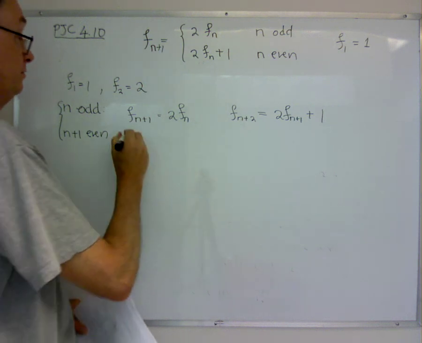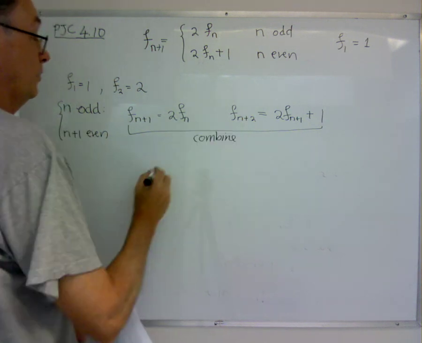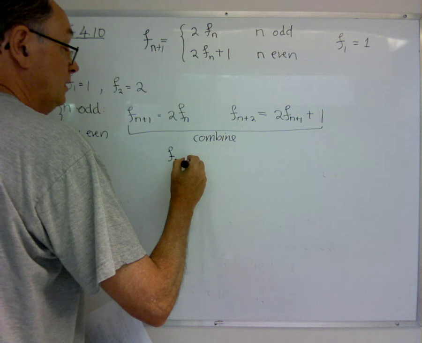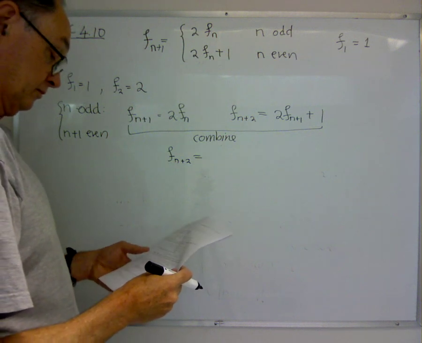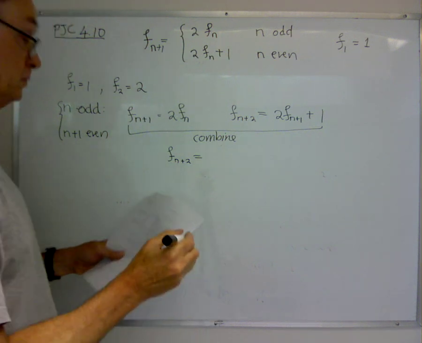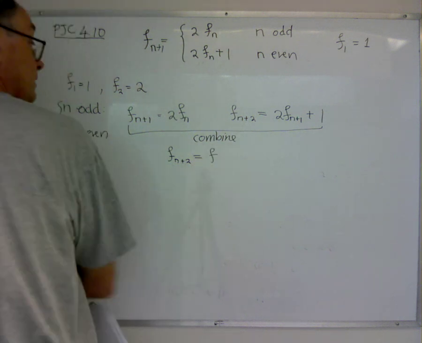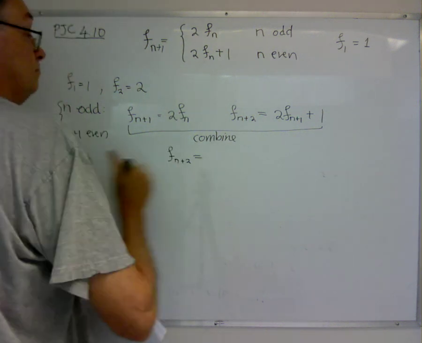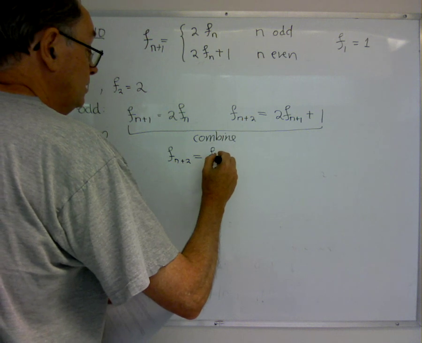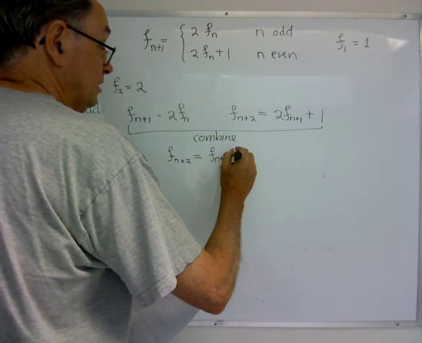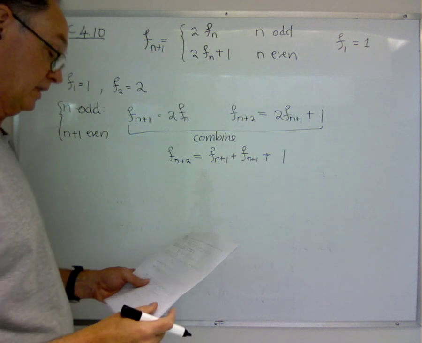You can combine these two. So you combine, and what you get, f of n plus 2 is 2 f of n plus 1, so 2 of these plus a 1, right?